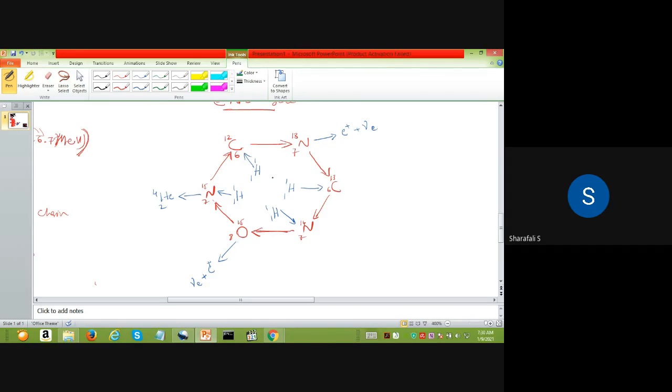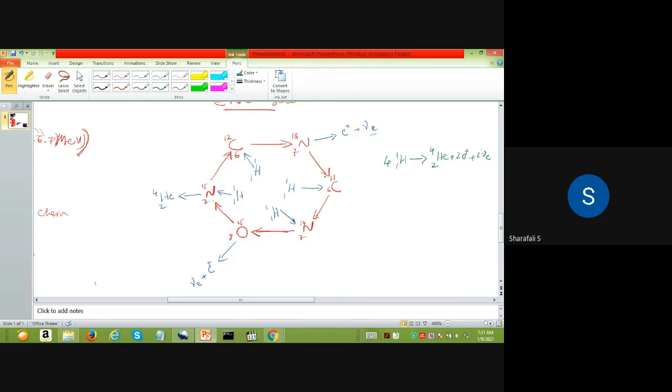Then where is the difference? This proton is used, this proton is also used, this is also used. So 4 protons are used here. What is the product? One helium nucleus, 4, 2, and 2 positrons, and 2 electron neutrinos.